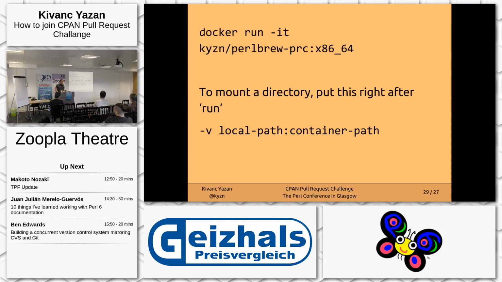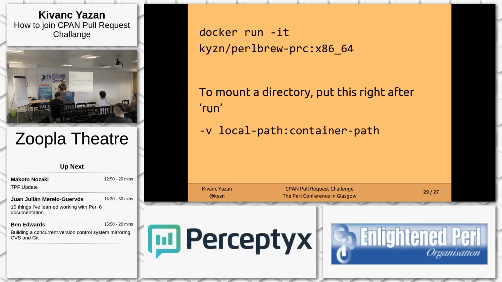And you can mount your folder into the Docker image, even if you have no Perl on your local system, or if you don't want to use your system Perl, you can mount that image and then install whatever you want to install there, or run Perl through there.